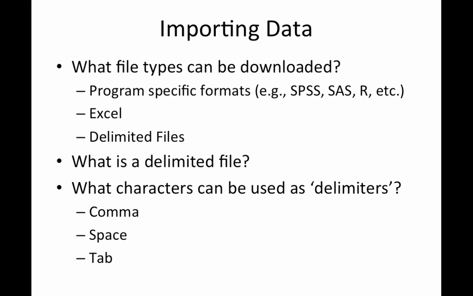So while these are the most common ones you would encounter, if you are the one collecting the data, it's also possible to specify a completely random character, a percent symbol, a dollar sign, an asterisk, something that a respondent would not have included anywhere in their survey response.